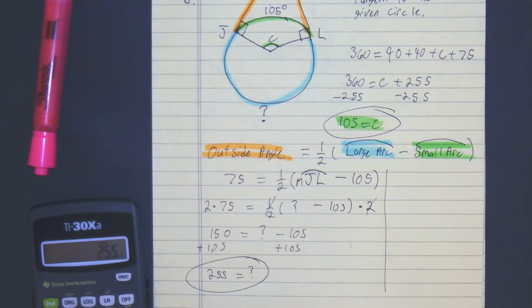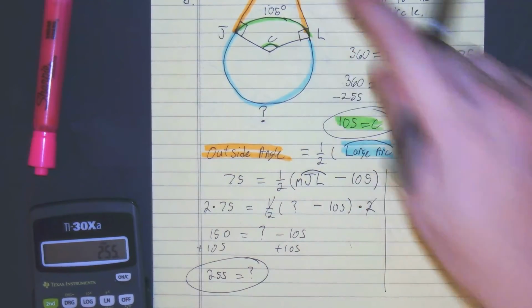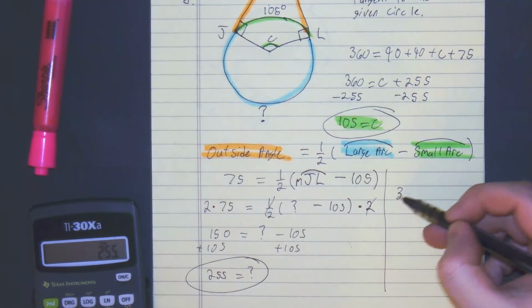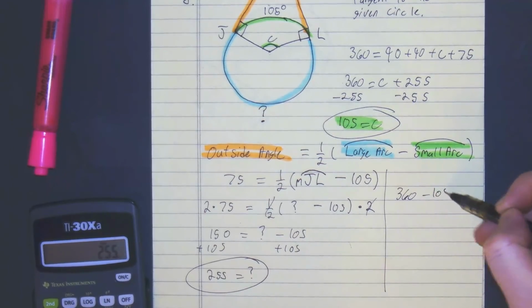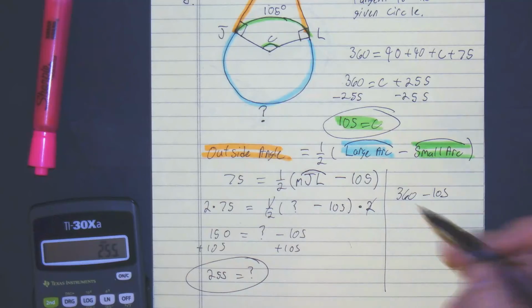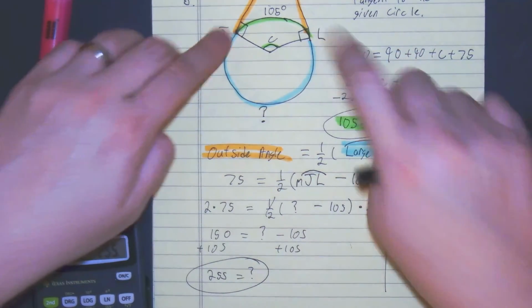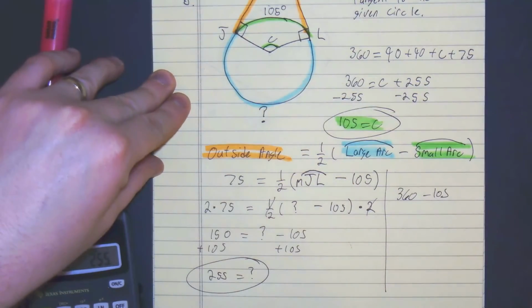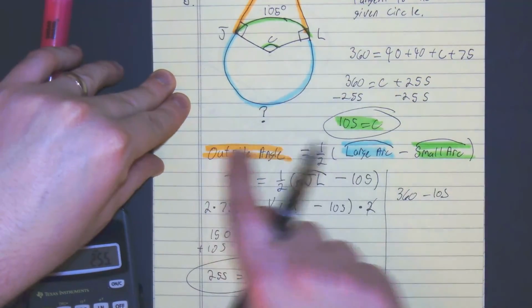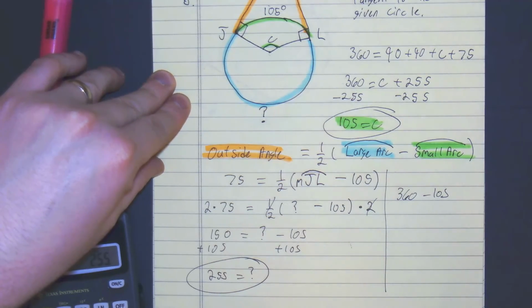Or you had 2 tangent lines. That means if that's 105, you could have just done 360 minus 105, I believe. Yeah. You could have just done 360 minus 105 because these are the 2 distinct stopping points. So you could have done that as well, so you don't have to do that formula if you don't want to.